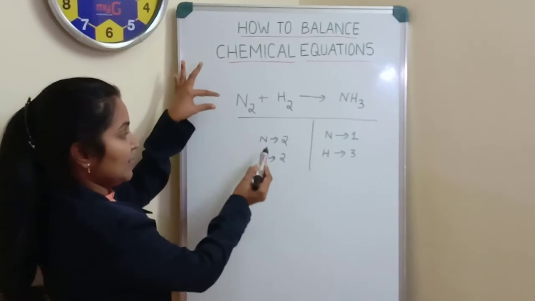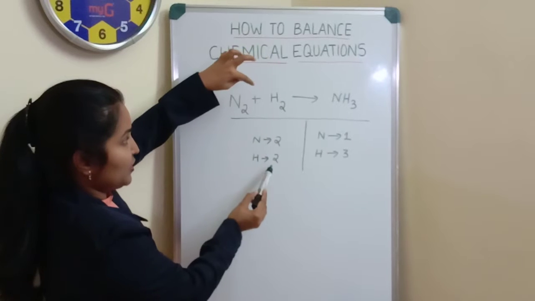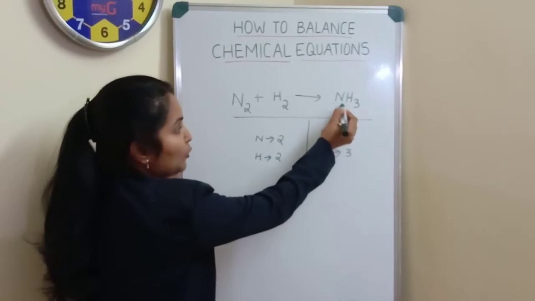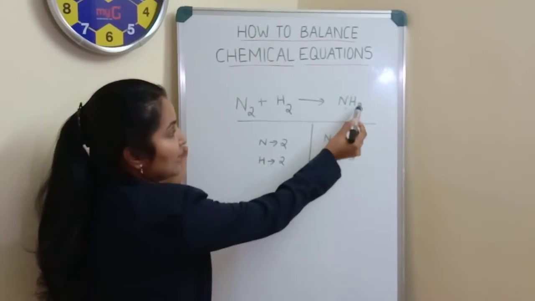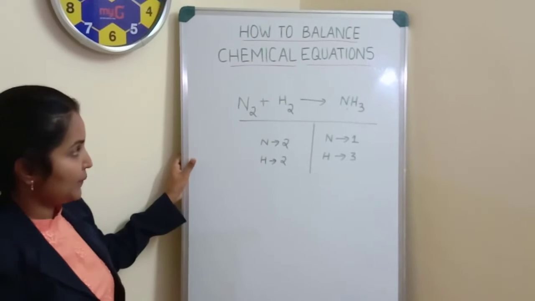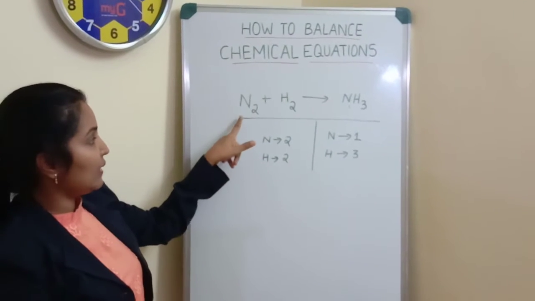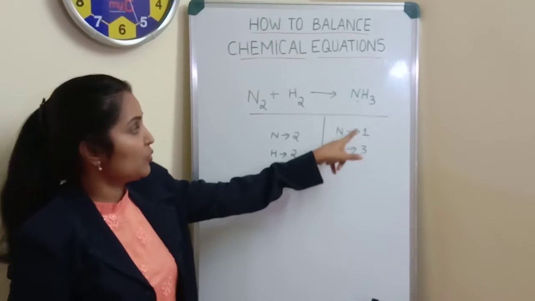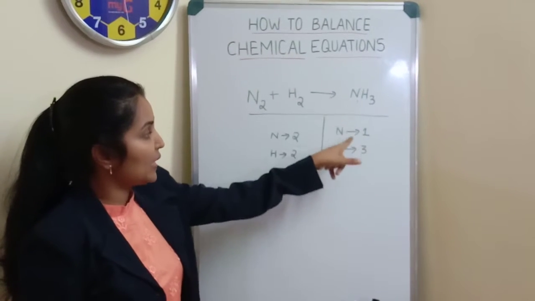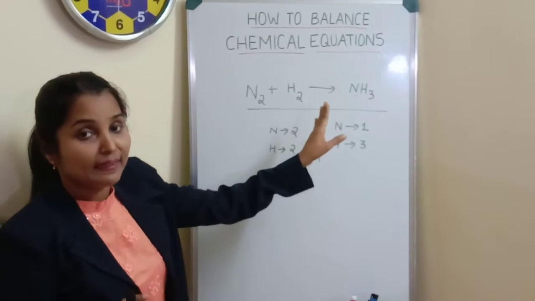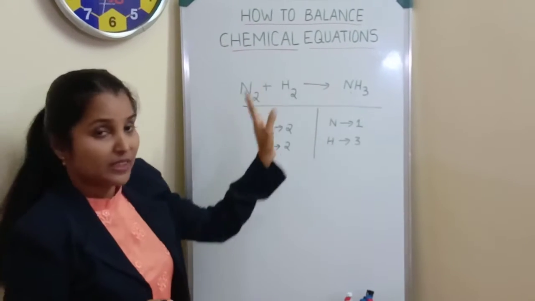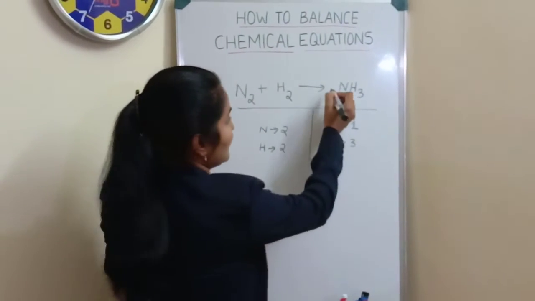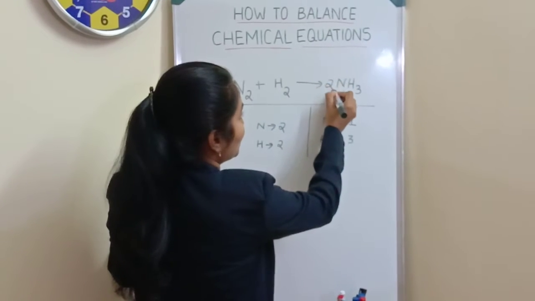And you know that nitrogen is 2 here, hydrogen is 2 here, and in ammonia nitrogen is only 1 here and hydrogen is 3 here. Now we see, here we have 2 nitrogen and here we have only 1 nitrogen. So we should adjust this value first and we can change only the coefficients. Presently the coefficient is 1 here. So I am changing it into 2.